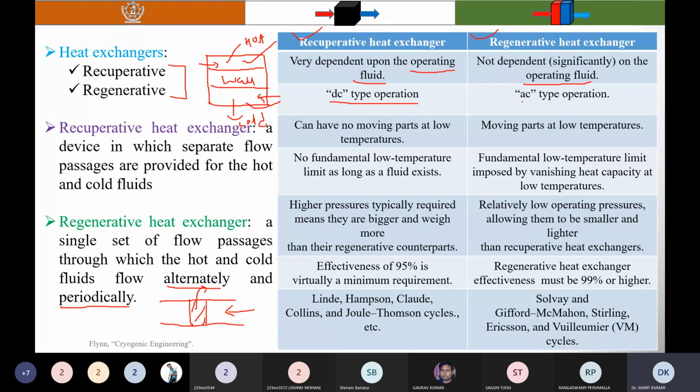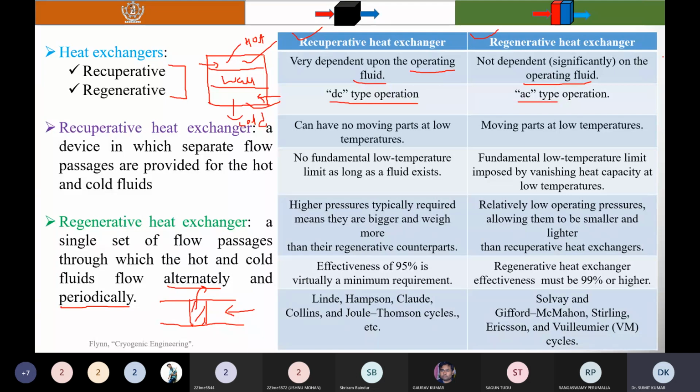AC, alternating current type operation, means first hot fluid is entering the passage, giving the energy to the regenerative matrix. Later, cold fluid is entering the same passage and taking energy from the regenerative matrix. Okay. So that's why it is called the AC type operation. Okay.